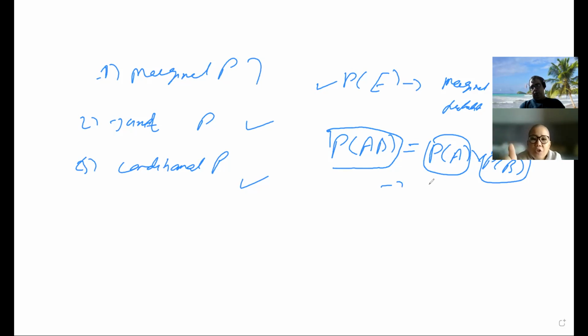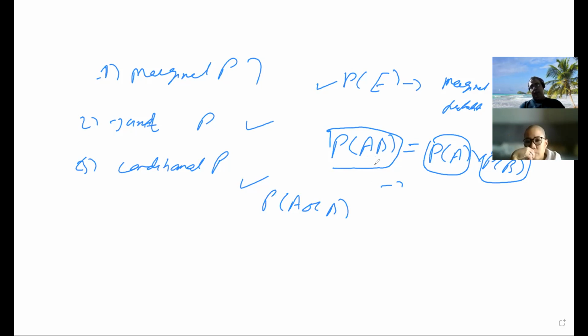But how come they're not using the equation like P(A plus B) on the left side? Well, that is P(A or B), I mean either A is happening, B is happening, or both are happening.